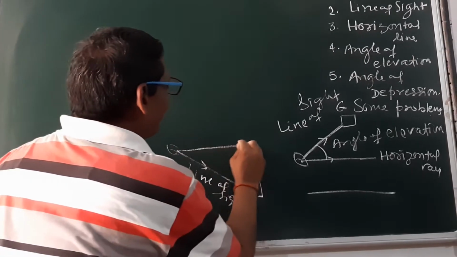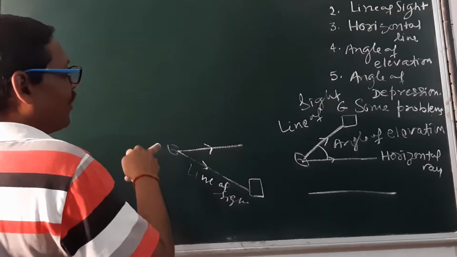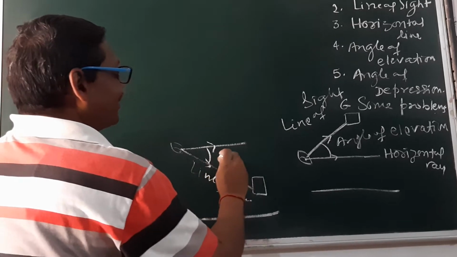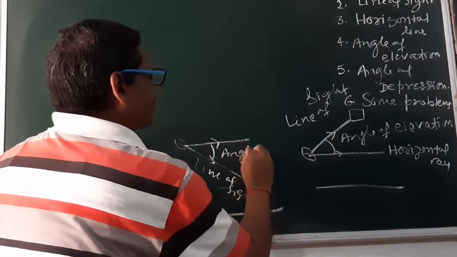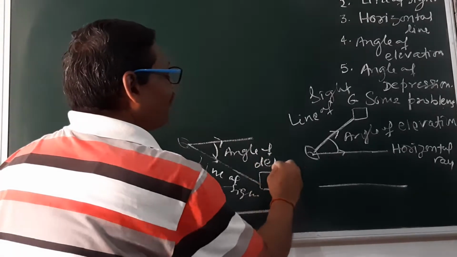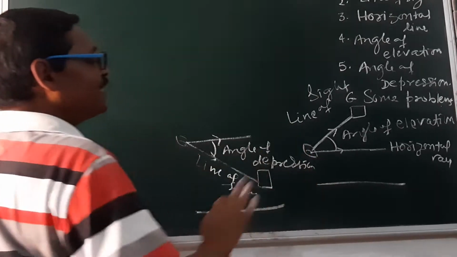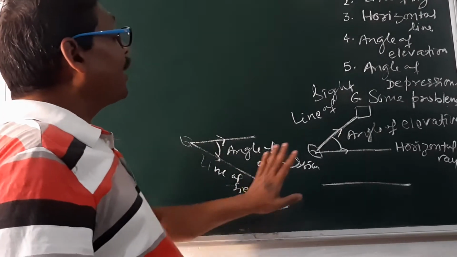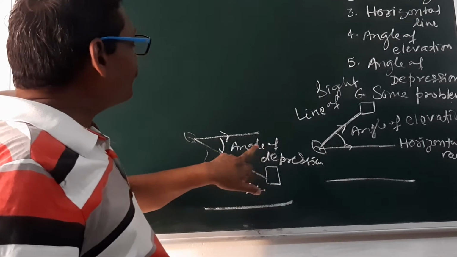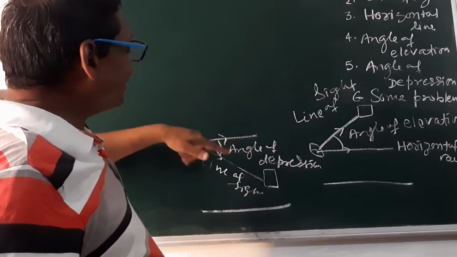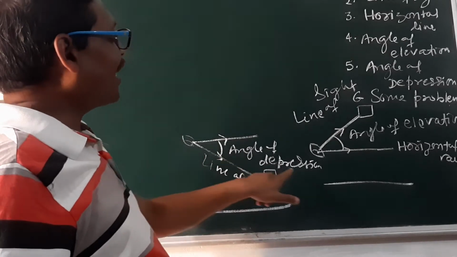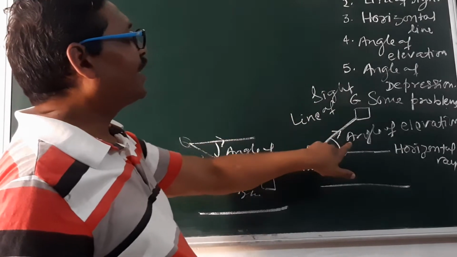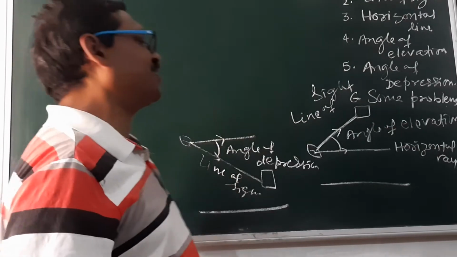And another ray, another line, passes through the eye parallel to the ground. This angle is called the angle of depression. You can consider that when the line of sight is below the horizontal line, that is the angle of depression. When the line of sight is above the horizontal line, that angle is called the angle of elevation.